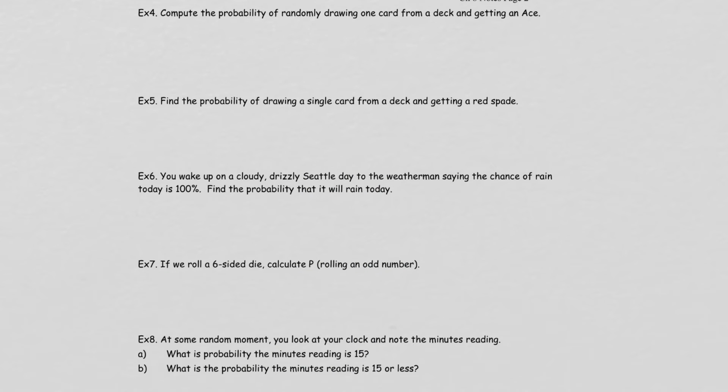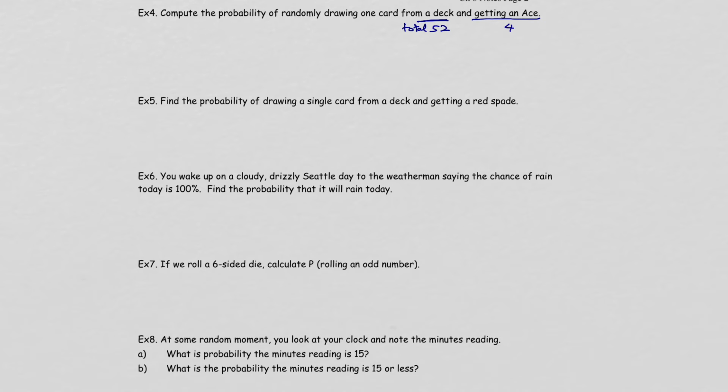Let's try another one. Example 4. Compute the probability of randomly drawing one card from a deck. When you say standard deck, that's going to be 52 cards. Getting an ace, there will be 4 aces.